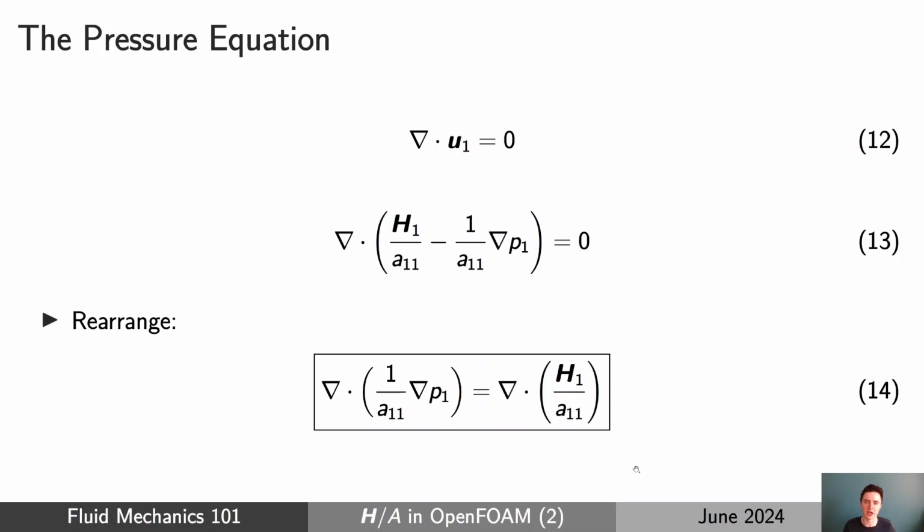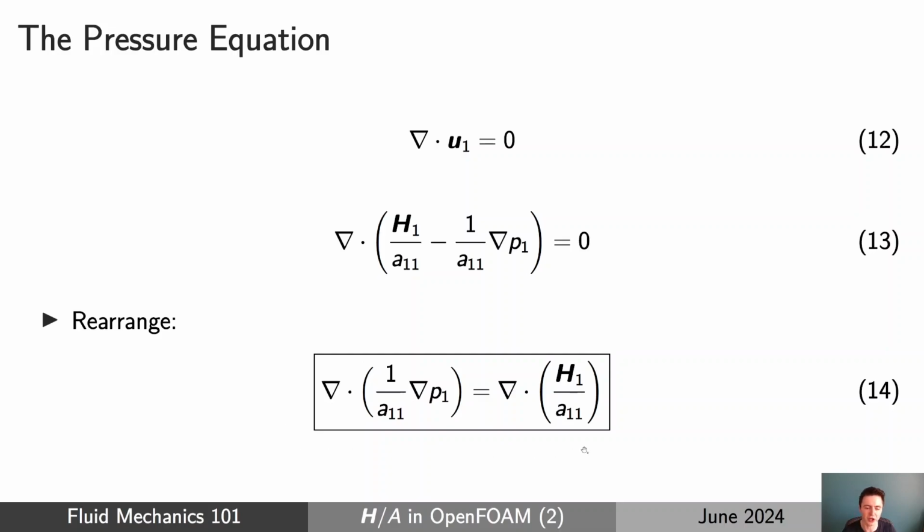So conceptually, you can think of the algorithm as you would solve the U and V momentum equations. You can then take that solution to assemble the field HbyA and extract the diagonal matrix coefficient, and then these two terms become inputs into the pressure equation. And every iteration, we're solving a new pressure equation each time we come around the loop.